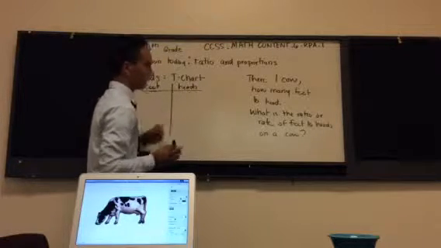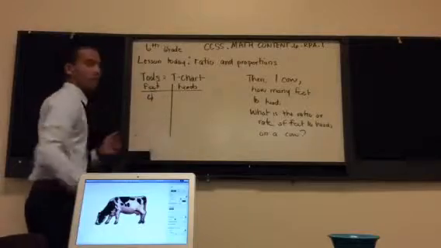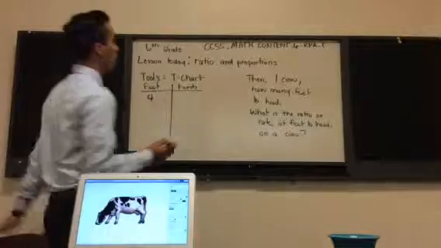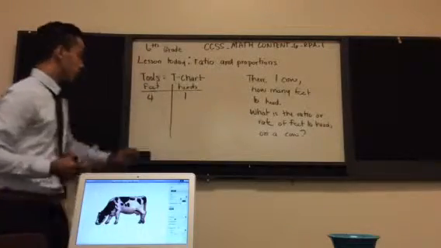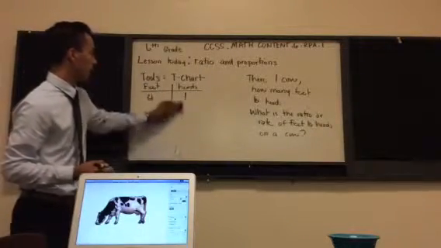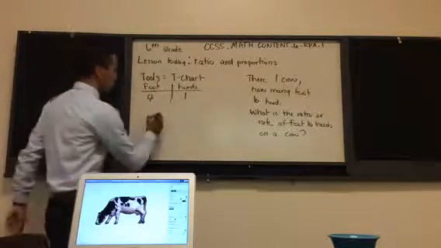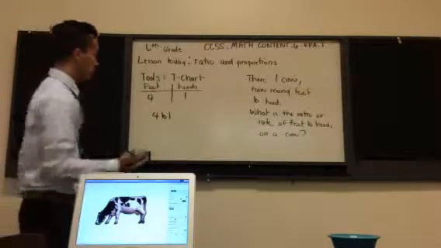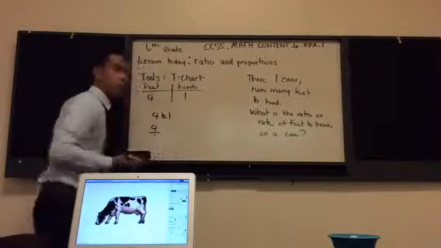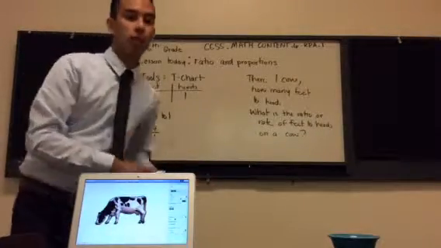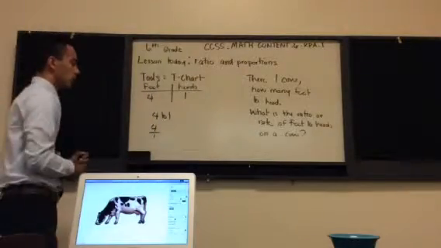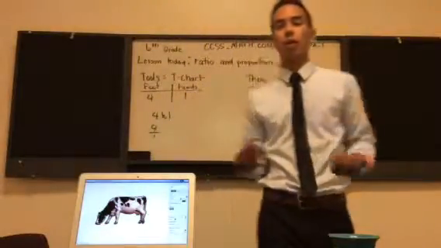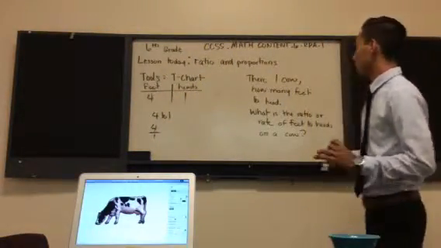We counted 4 feet, and obviously in a normal cow there's one head. So let's rewrite it using the word to: 4 to 1. Now let's use the fraction: 4 over 1. Simplifying that would just say 4 per 1, 4 to 1.